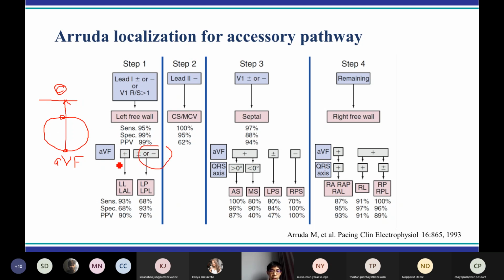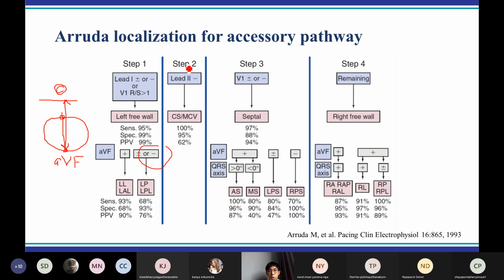But if it is a lateral anterior accessory pathway, the signal would come from outside and go into the AVF. So the AVF is going to be positive.